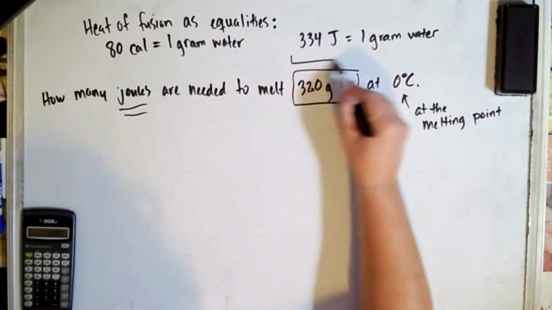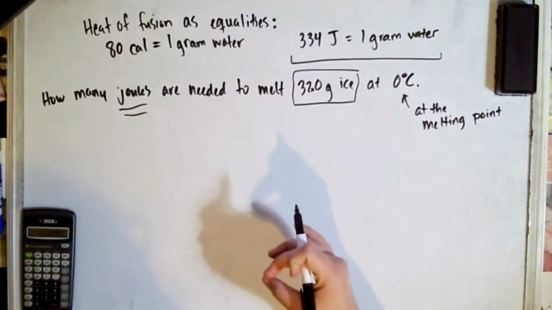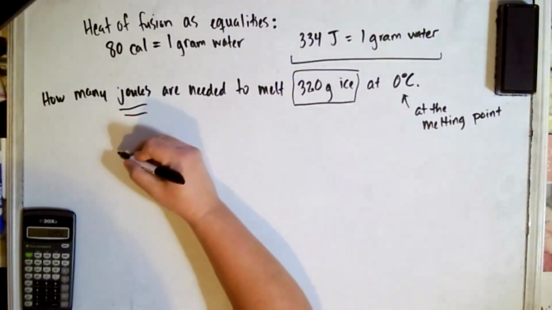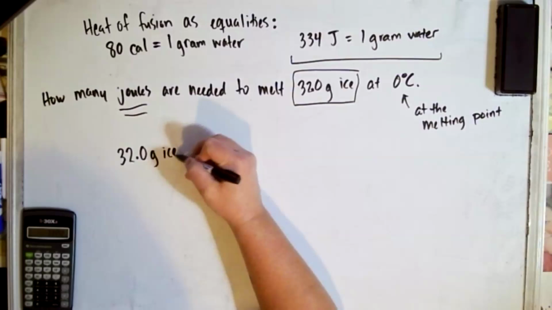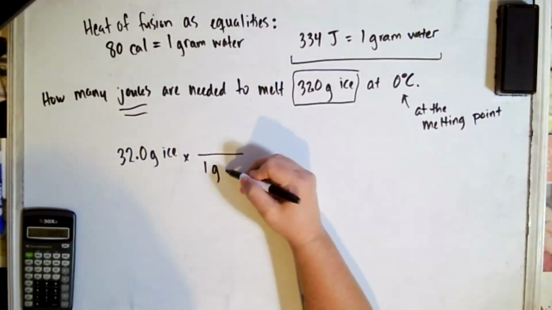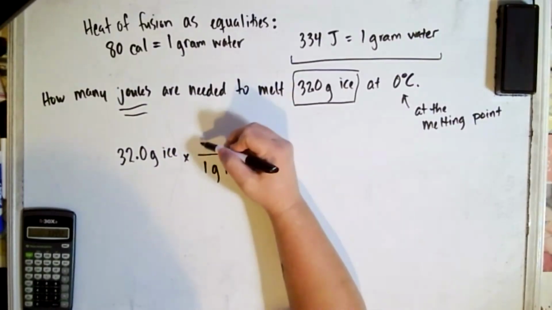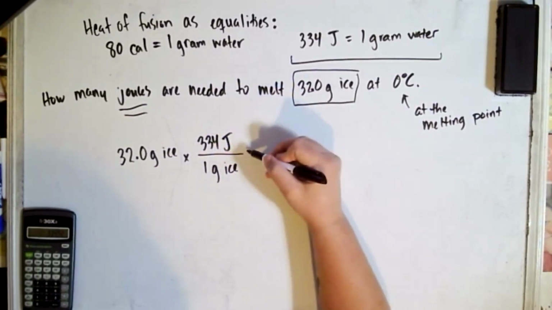So I'm going to use this version of my heat of fusion that has grams and joules in it. Okay. So I've got 32 grams of ice. And for every 1 gram of the ice, it's going to cost me 334 joules to melt it.